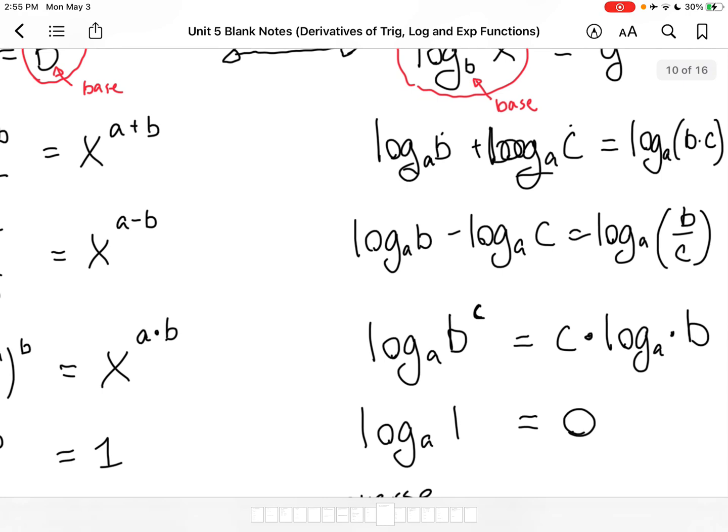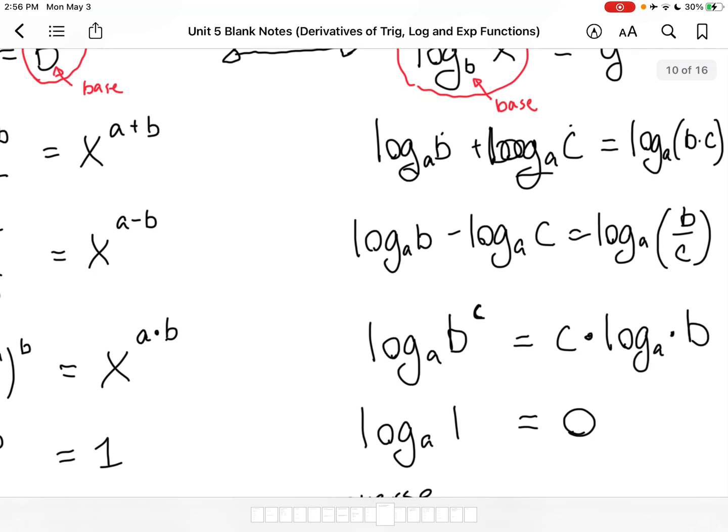Okay, so we have the product law. When we add two logarithms with the same base, we can multiply the two arguments together, or we can also split up. If we have two things that are being multiplied together and we take the log of those, we can split that up into two separate logarithms. Also, if we divide one thing by another and take the log of that, we can split that up into the difference of two logarithms.